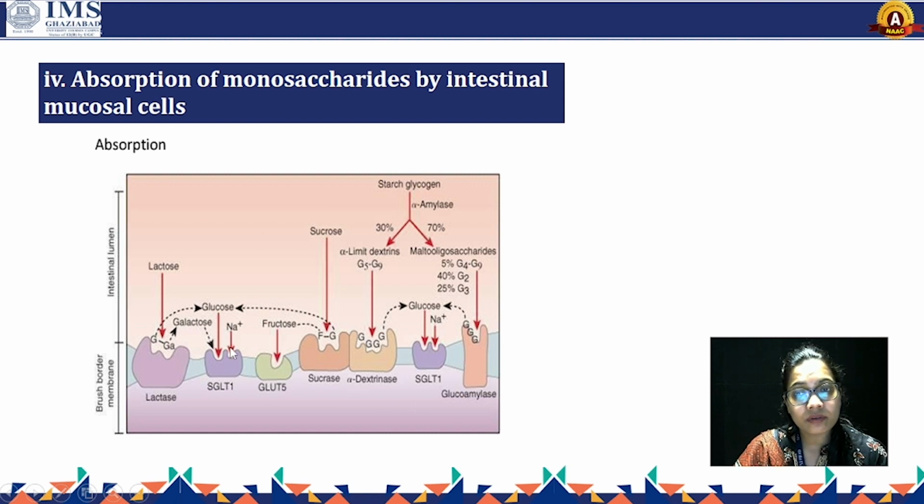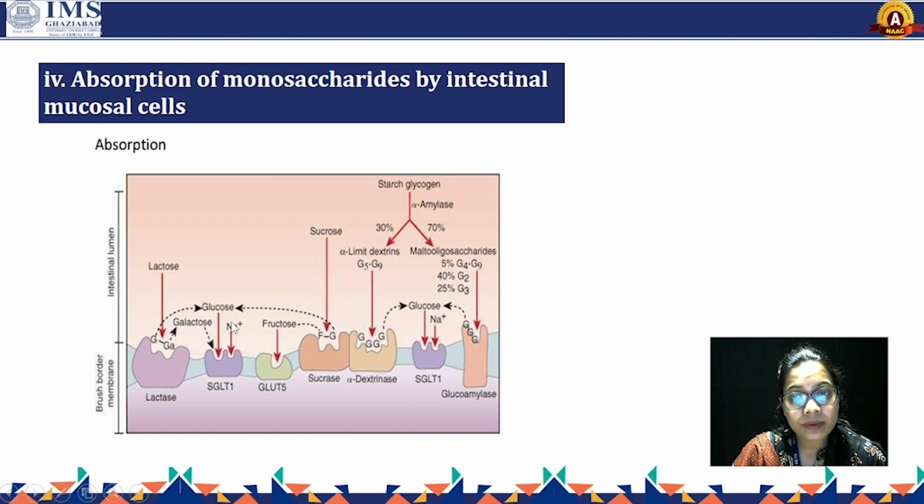The glucose unit can travel by the SGLT transporter channel, whereas fructose needs an additional, different channel, that is the glucose transporter GLUT5. It is not energy dependent, and it transfers with the help of facilitated diffusion. So fructose will travel through GLUT5. Again, lactose is cleaved by the lactase enzyme, and it gives us a glucose unit and a galactose unit.